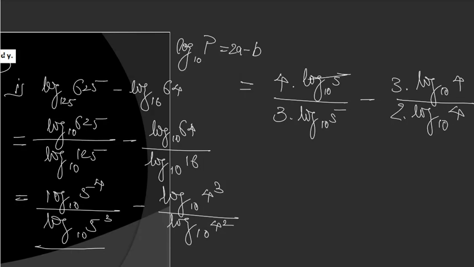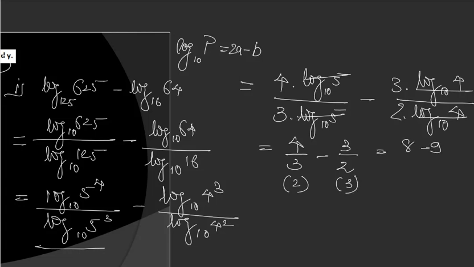So log of 5 to the base 10 cuts from the numerator and denominator, and so does log of 4 to the base 10 in the second fraction. So it becomes 4 by 3 minus 3 by 2. LCM will be 6. So it will become 8 minus 9, upon 6. That is minus 1 by 6. So the answer is minus 1 by 6.